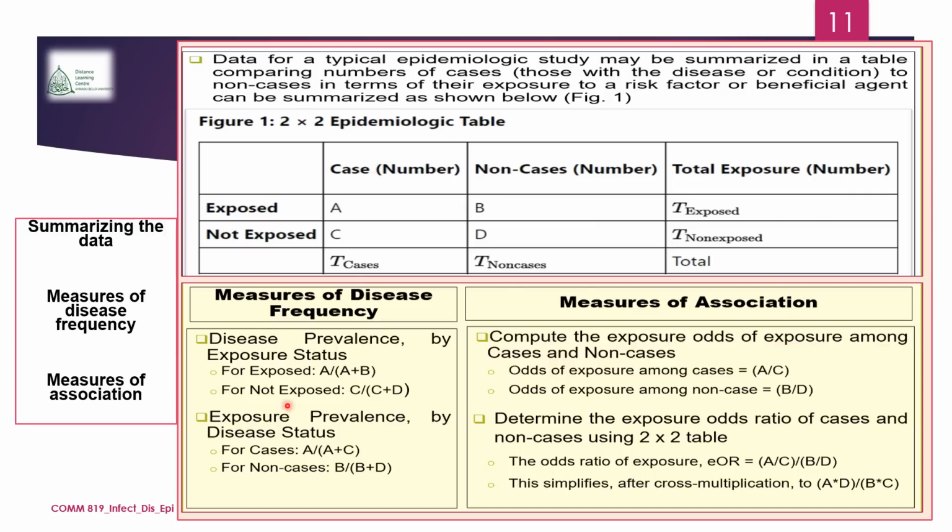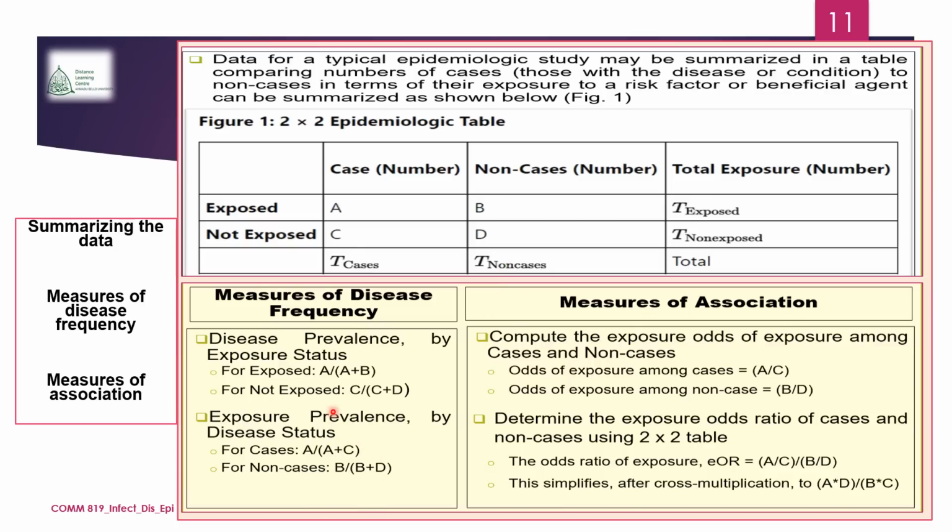So for cases, it will be A over A plus C, that is total cases. Then for non-cases, it will be B over B plus D, non-cases.